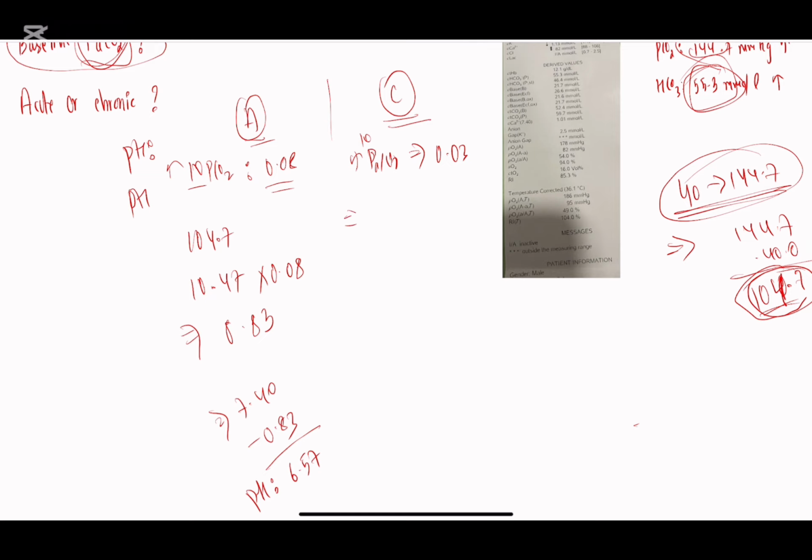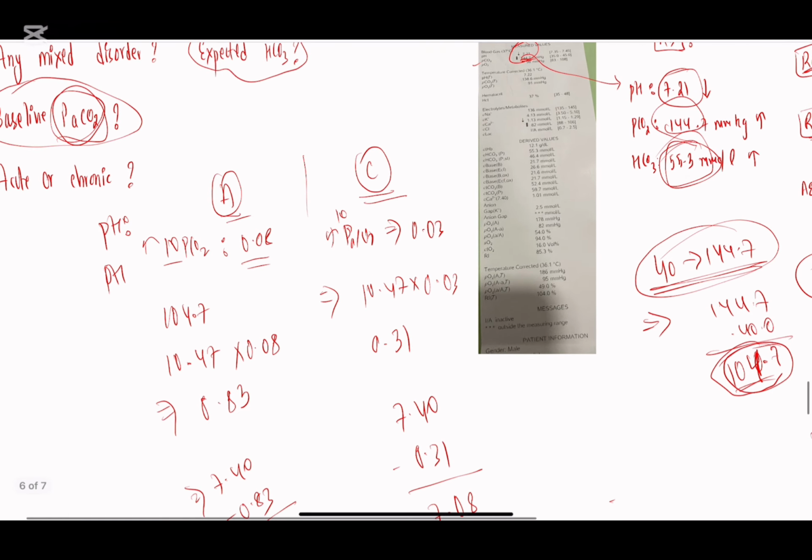And for chronic, 10.47 into 0.03 is 0.31. 7.40 minus 0.31 is 7.08.